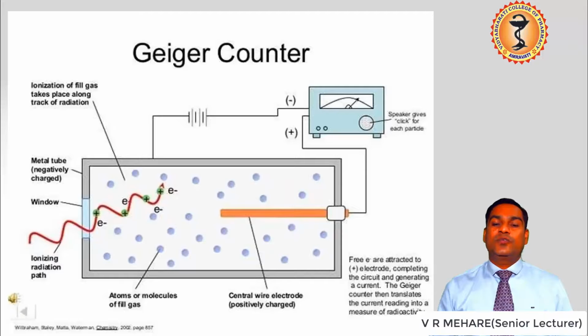Both these electrodes are connected to each other by the application of high electric voltage, and the pulse or impulse which is generated after the emission of alpha, beta particles and gamma radiation from the radioactive substance will be measured with the help of a galvanometer which is connected to the two electrodes.